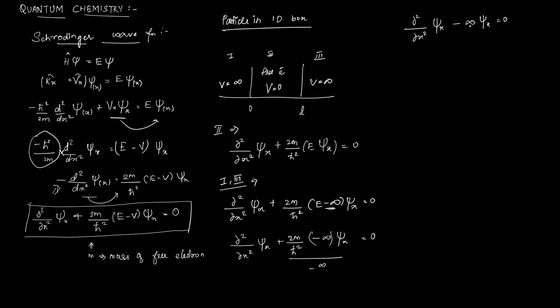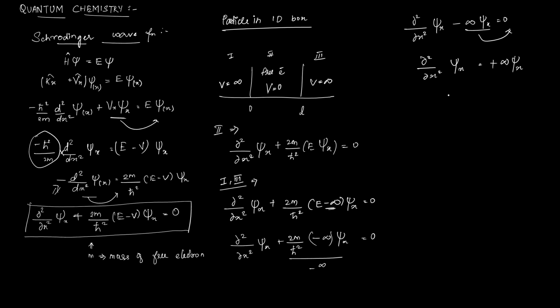So if you take this term to the other side, dou square by dou x square psi of x is going to be equal to plus infinity into psi of x. Okay, so if you write the wave equation, if you substitute only your psi of x.